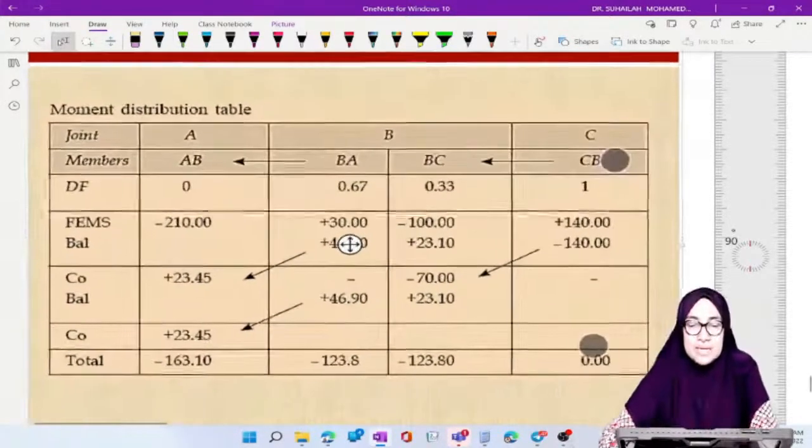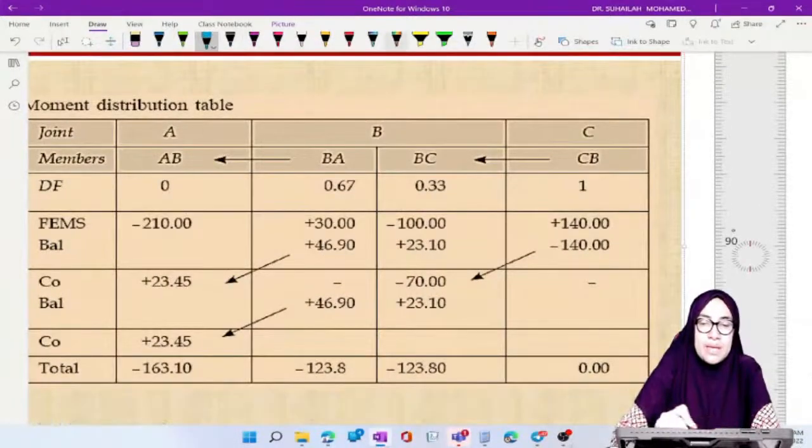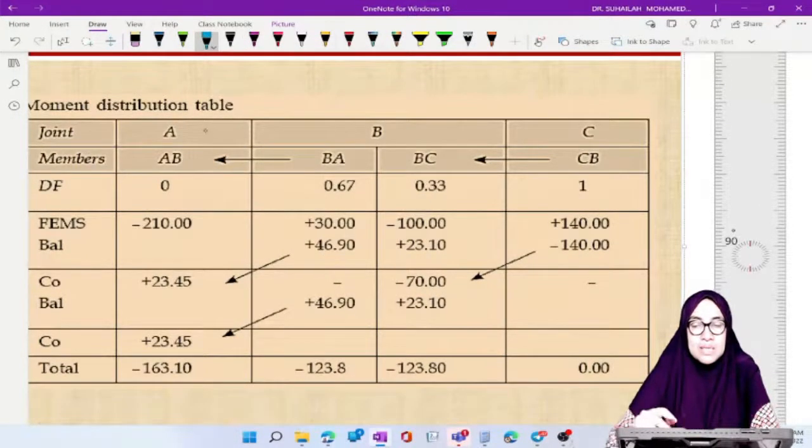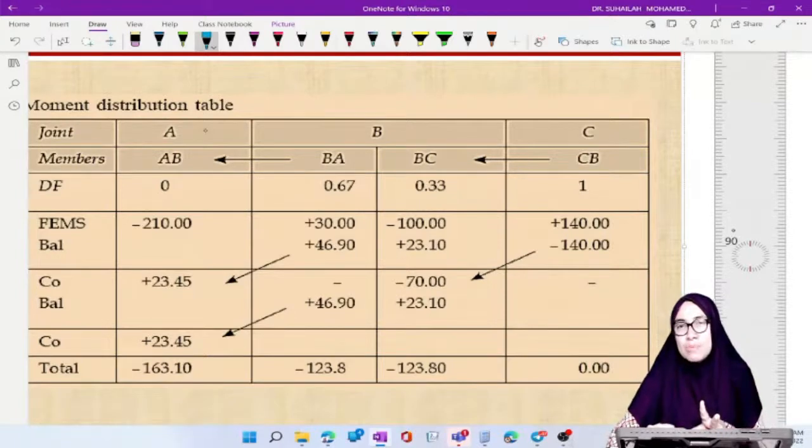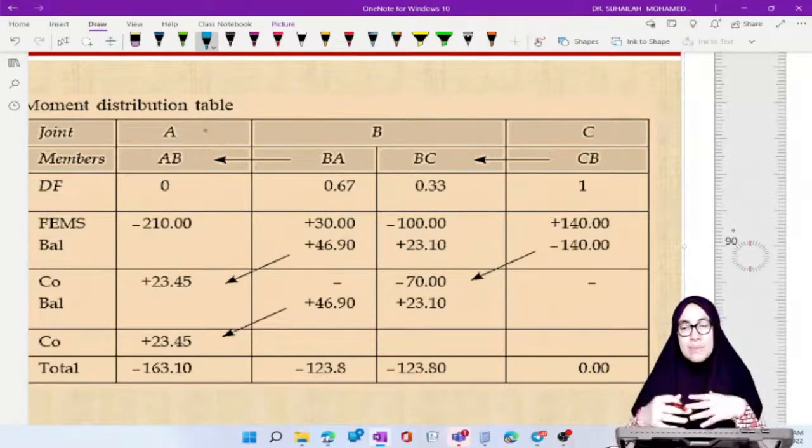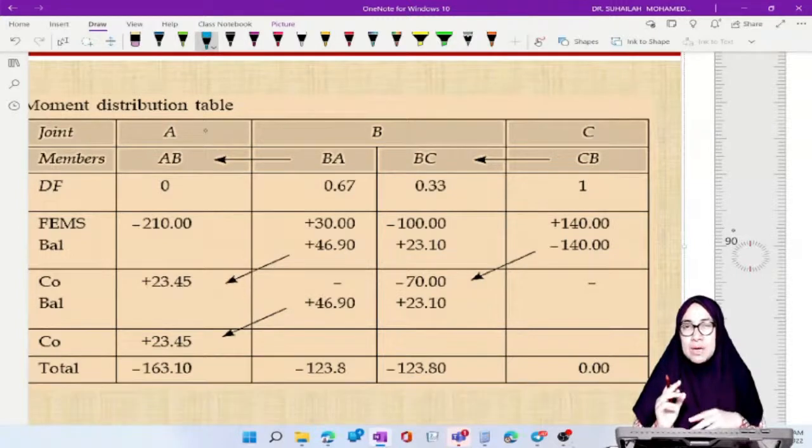So let's look at this table together. We have AB, BA, BC, CB. Remember, when we have only two members, the process in the table will be short.